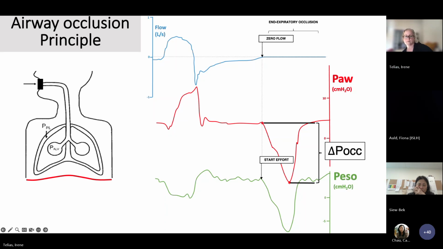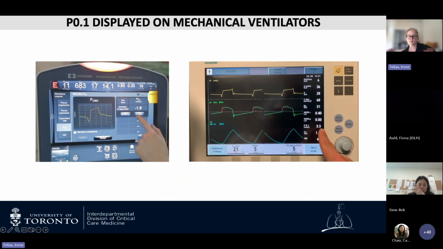Okay. About P.1, be aware that different ventilators measure P.1 in different ways. There are some ventilators, like the ones on the left, where you have to activate a maneuver.